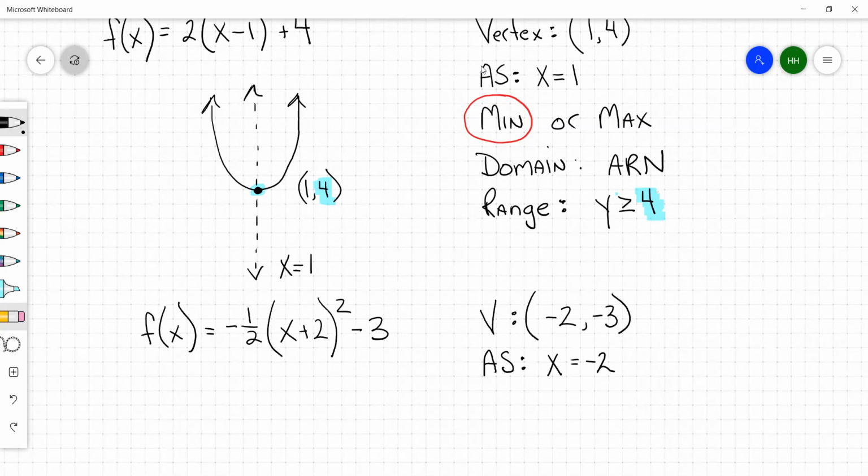Now, this graph goes down because a is negative. So if we say minimum or maximum, this graph has a maximum value.